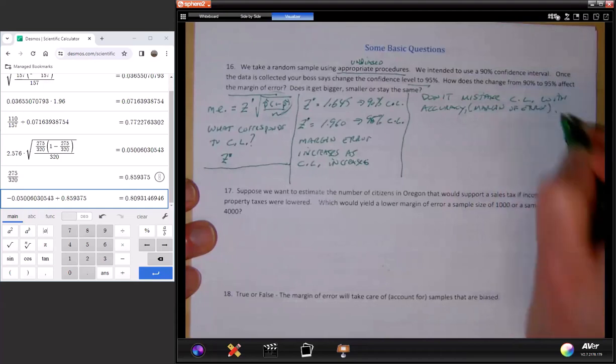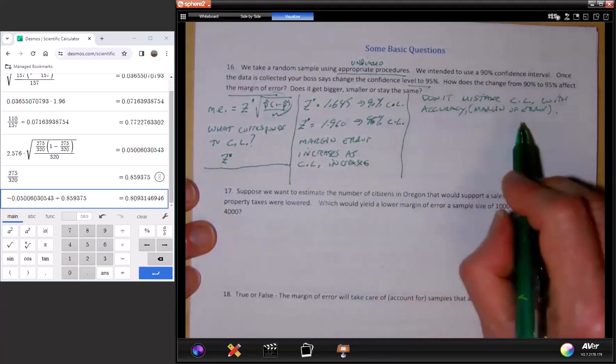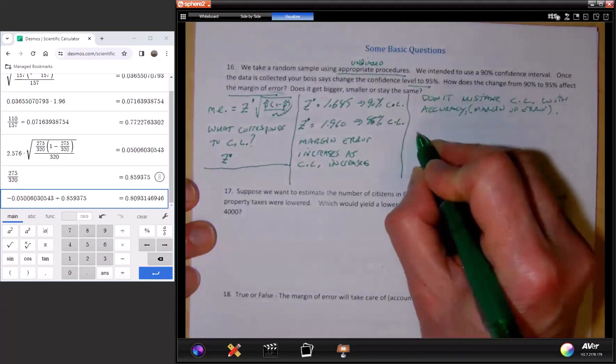So if you think about it, the reason our confidence level is going up is because we're making the margin of error bigger. And so therefore, we're more confident that we're going to capture it.